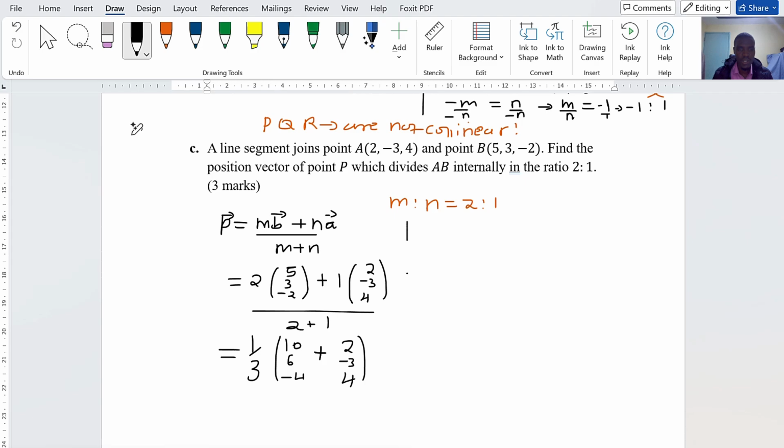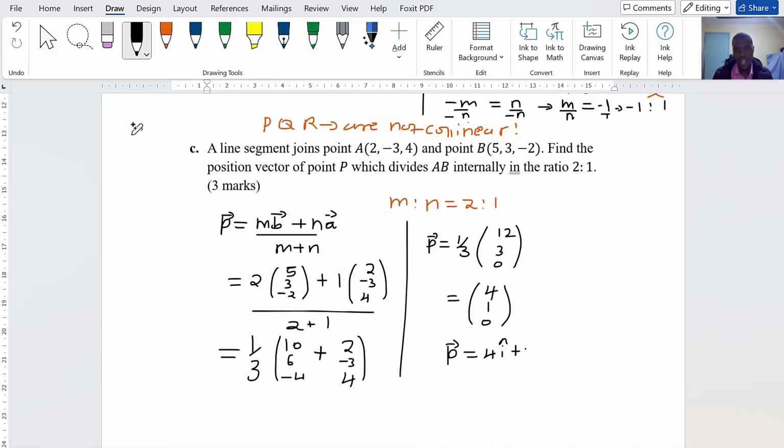Now when you proceed, your vector P equals a third into 10 plus 2 is 12, 6 plus negative 3 is 3, and negative 4 plus 4 is 0. Now multiply each by a third. We have 1 over 3 times 12 is 4, 1 over 3 times 3 is 1, 1 over 3 times 0 is 0. So your position vector that divides the line internally will be 4i plus j. Remember k is 0.